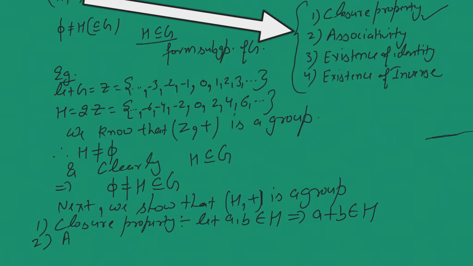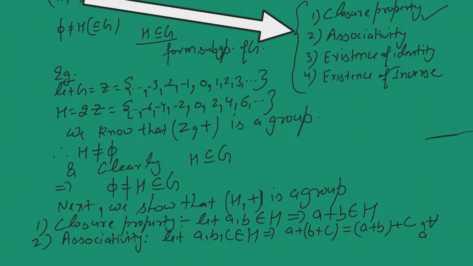Number 2, associativity. Let a, b, c be three elements of H. This implies that if we add three elements, and firstly we add b and c, then add the result to a, this result is equal to adding a and b first and then c, and this is holding for all a, b, c belonging to H. Because we know that if we have the integers 2, 4, 6, if we add the last two first, the result is 12, and if we add the first two first, the result is again 12.